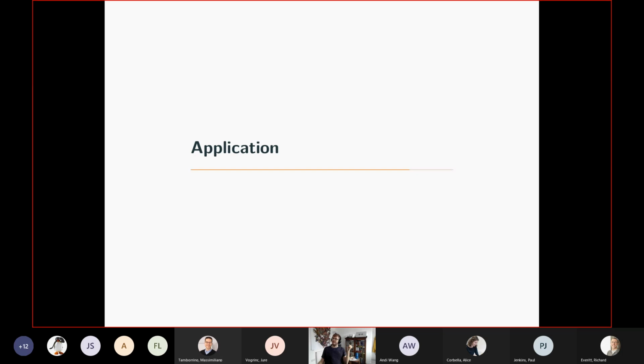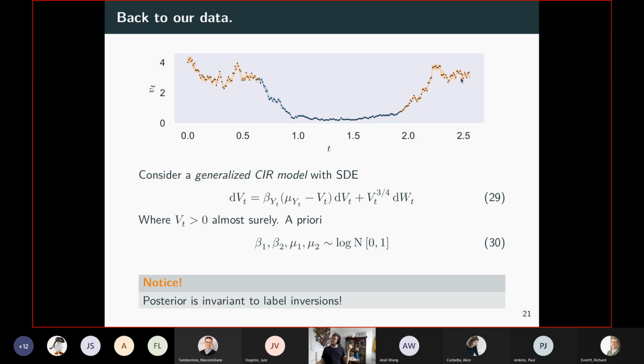Now, how does this fare in application? Again, this shows you as the black dots the observations that we see, and behind you have the ground truth of the diffusion path. And this was simulated from a so-called generalized CIR model, which can be expressed as the SDE in equation 29.